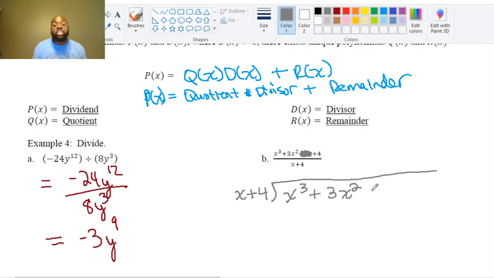What you need to do is replace that with 0, or 0 times that power of x that you're missing, right? And that is why I am doing this here, for logistical reasons, because if you don't do that, you're going to get very confused, and I don't want you guys to get confused, all right?